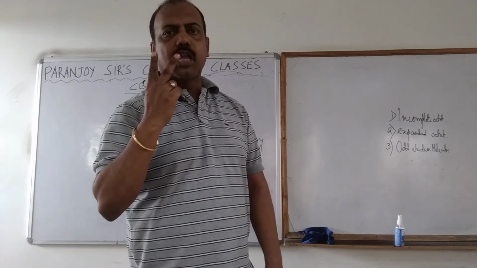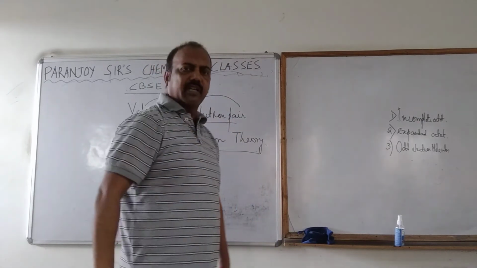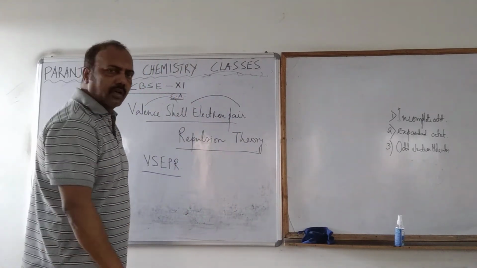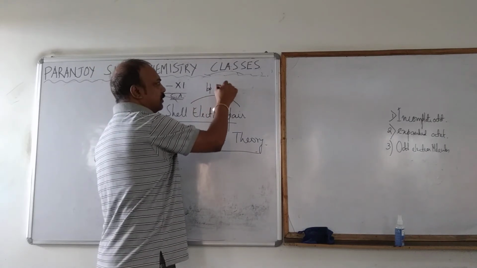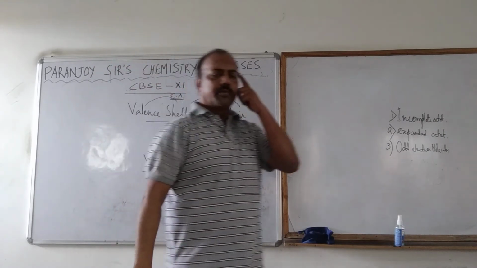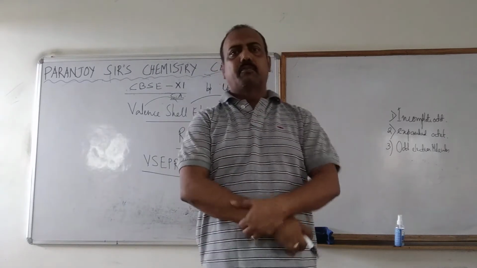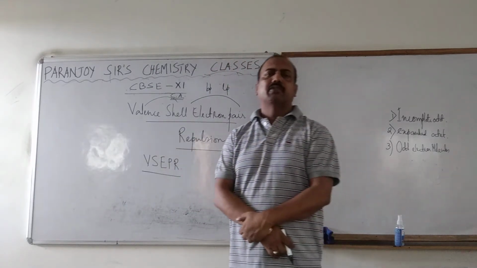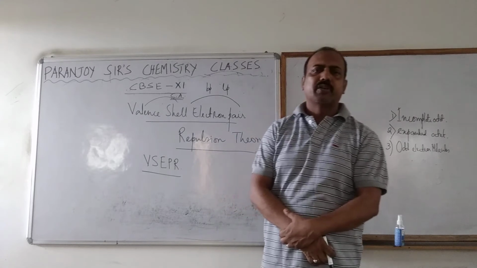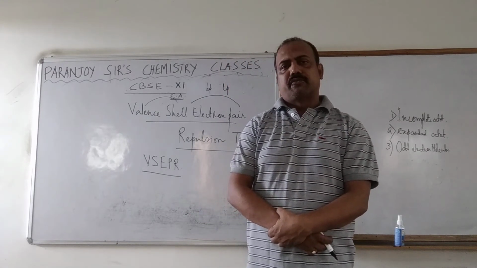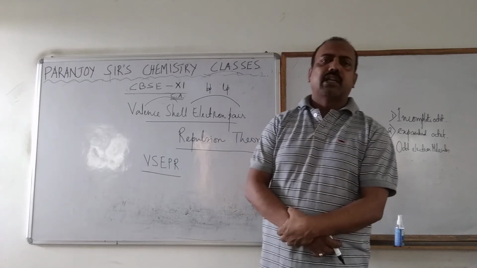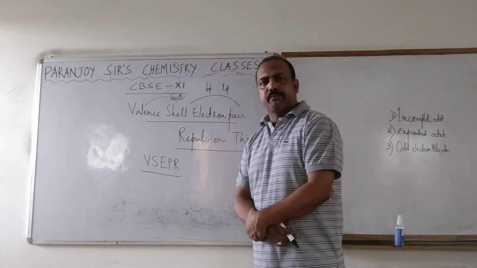There can be two types of electron pair present in the valence shell of the central atom. One we call bond pair, one we call lone pair. Bond pair means the pair of electron which is responsible for the bond formation, and the lone pair means which is not taking part in the bond formation, but the electrons are present in the valence shell.